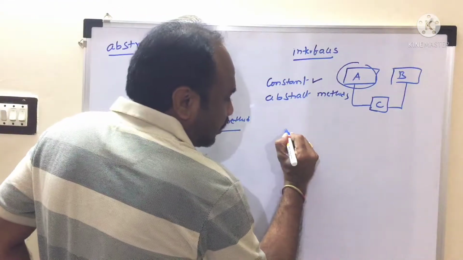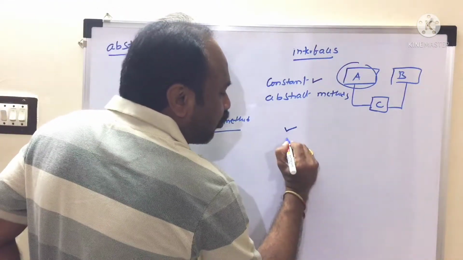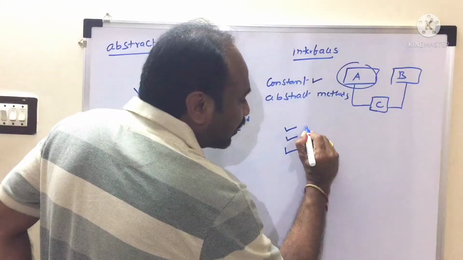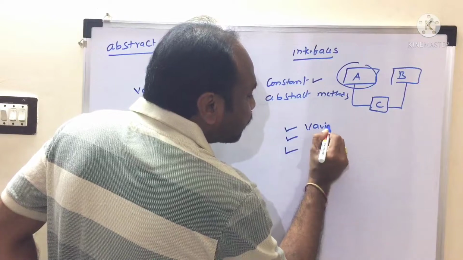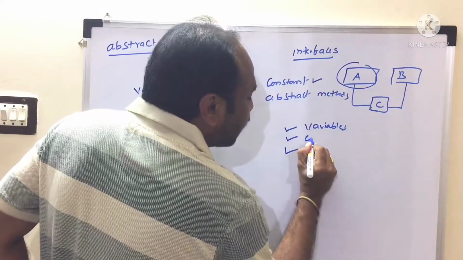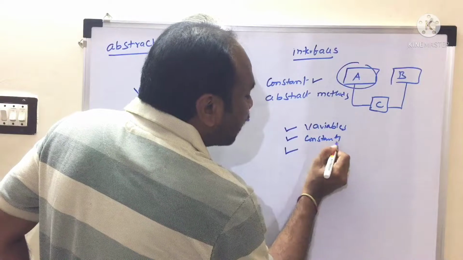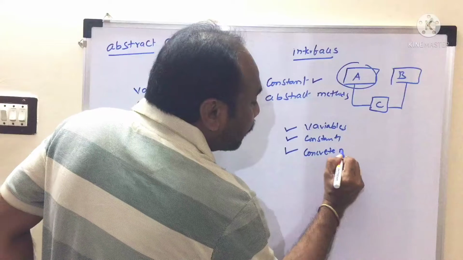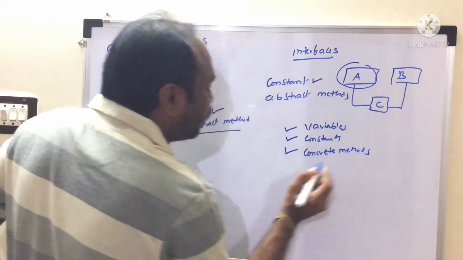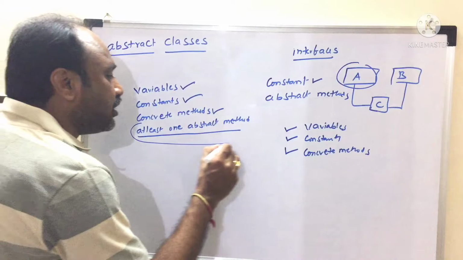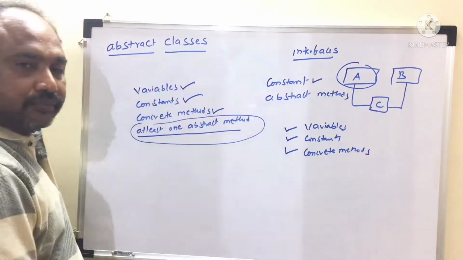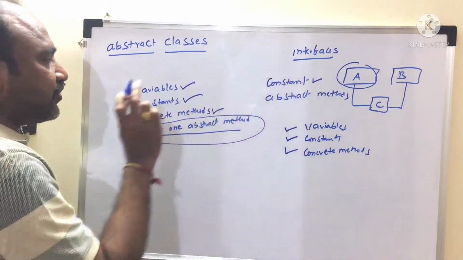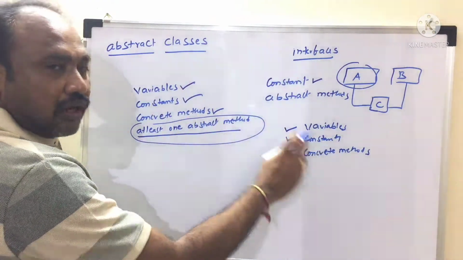In a normal class, we may have variables, constants, and only concrete methods. But in an abstract class, there should be at least one abstract method. These are the fundamental differences between interface, abstract class and class.